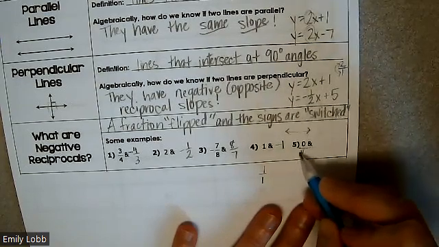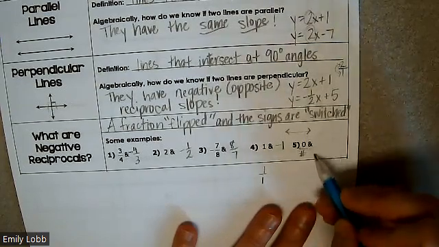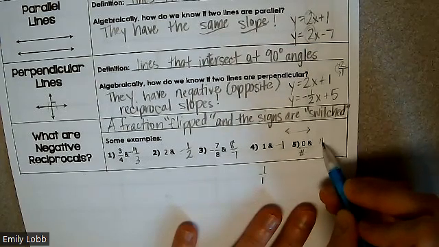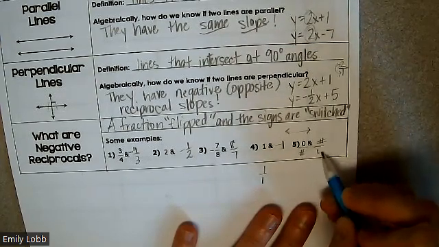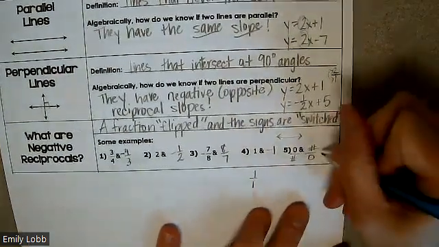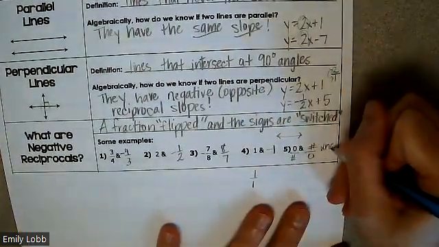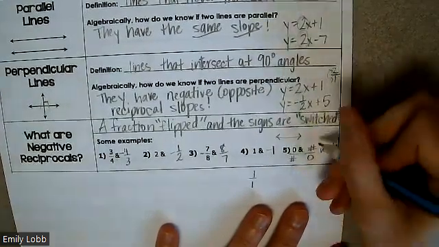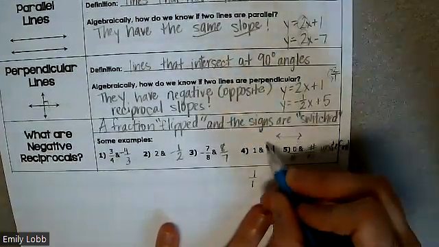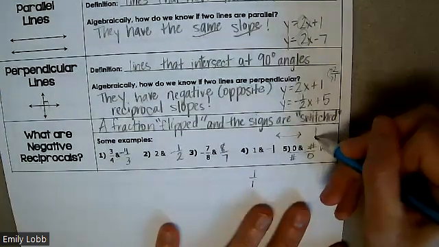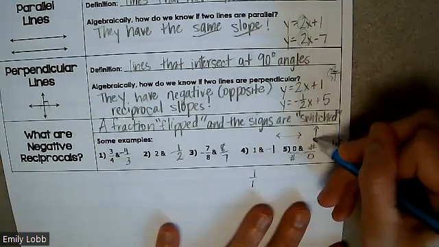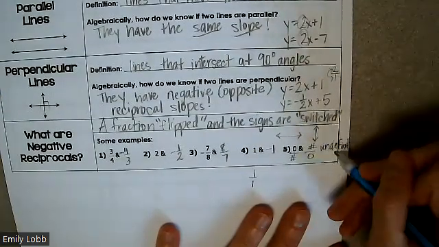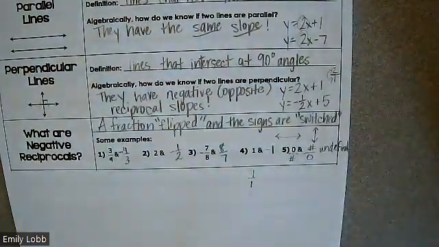Its run is any number. But if we flip that so that it was number divided by 0, well, you're right, this would be undefined. So if we have a horizontal line, perpendicular to that would be a vertical line, which we know or should know is undefined.